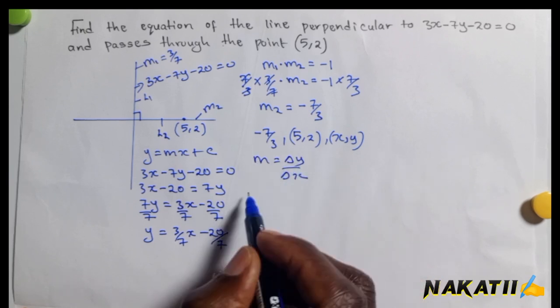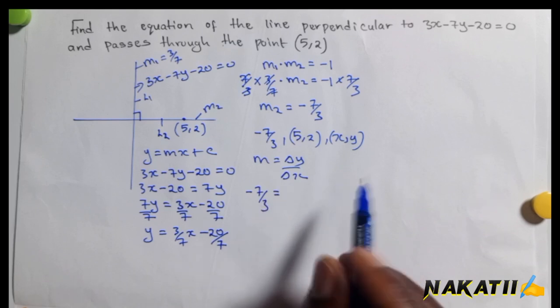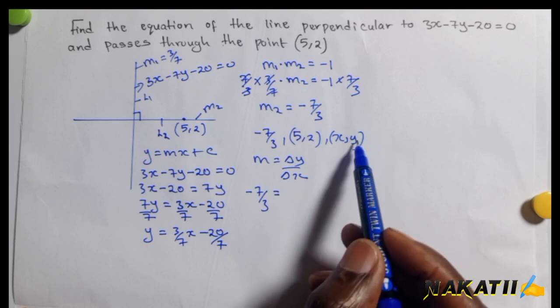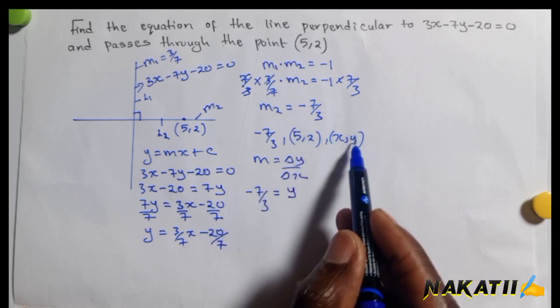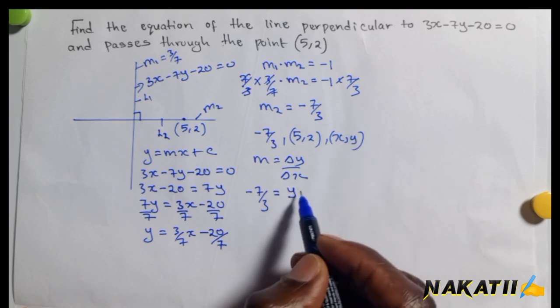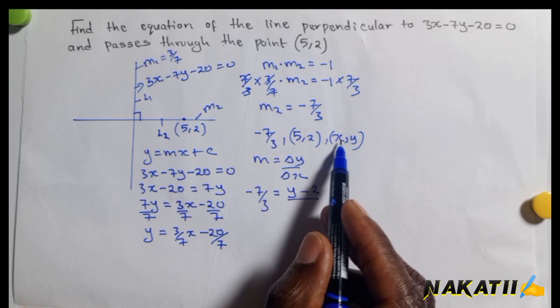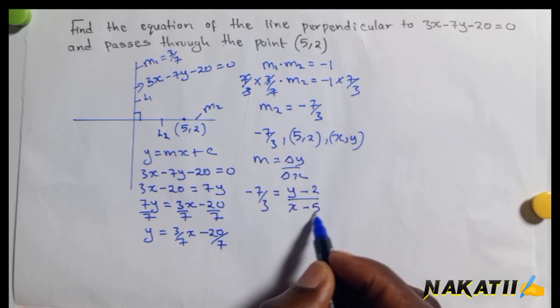Our gradient -7 over 3 equals change in y: the y coordinate is y minus 2, divided by x minus 5.